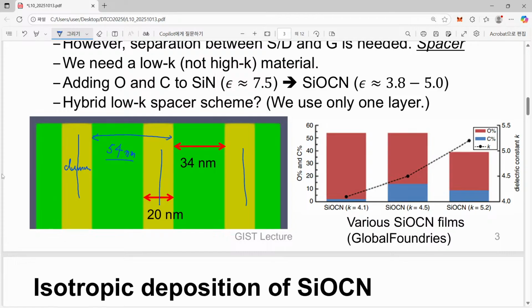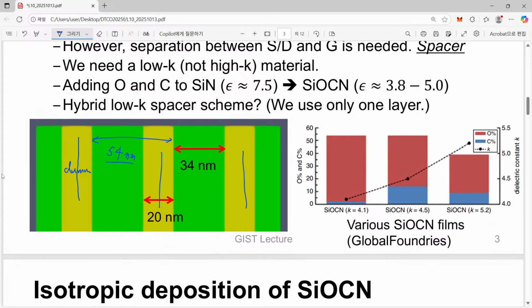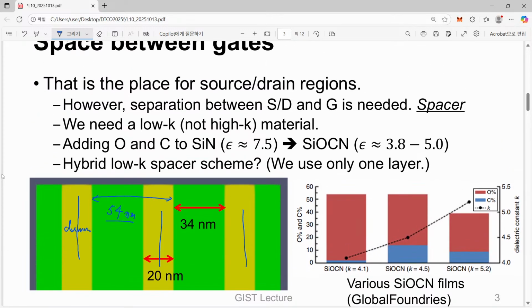This is the CPP, and in this ASAP7 PDK we assume 54 nanometer, but in reality our 7 nano technology showed a little bit longer length, but it's okay.